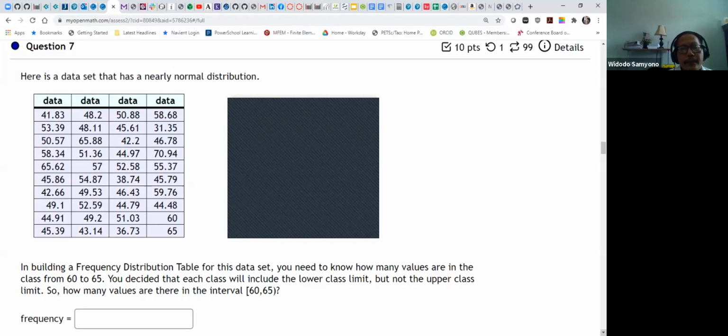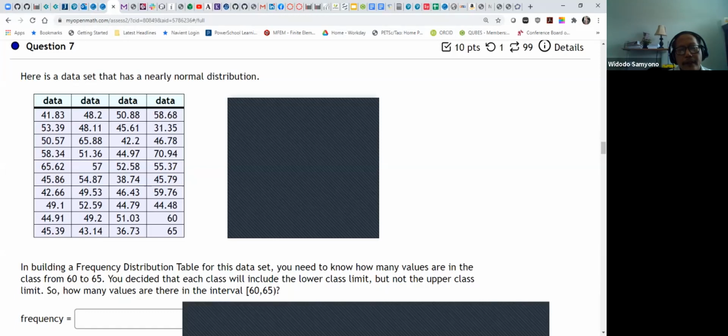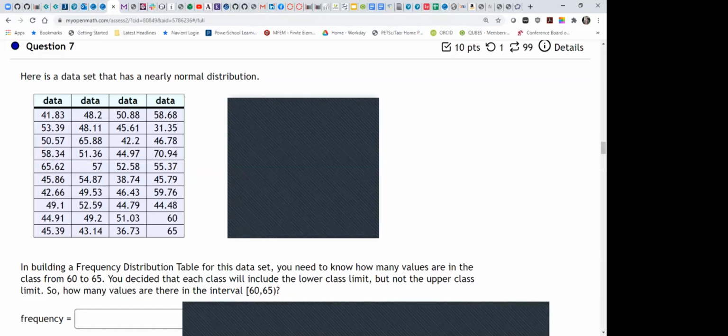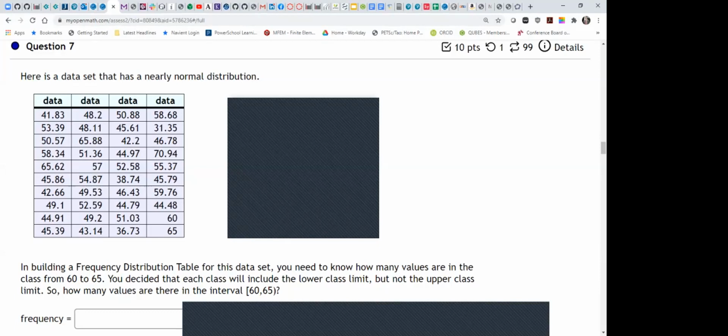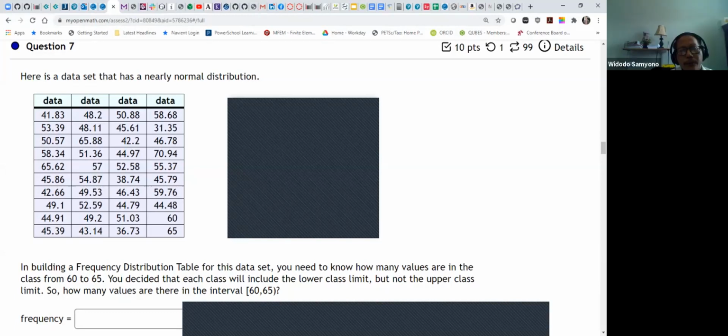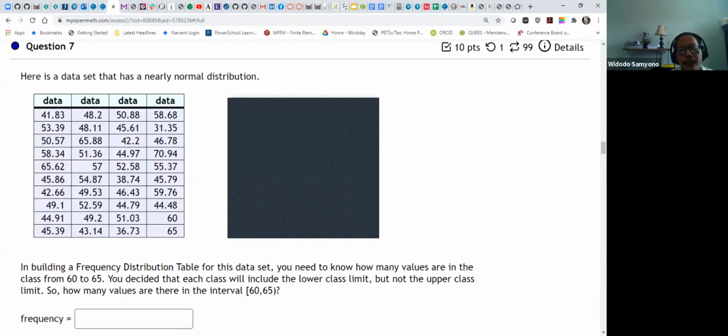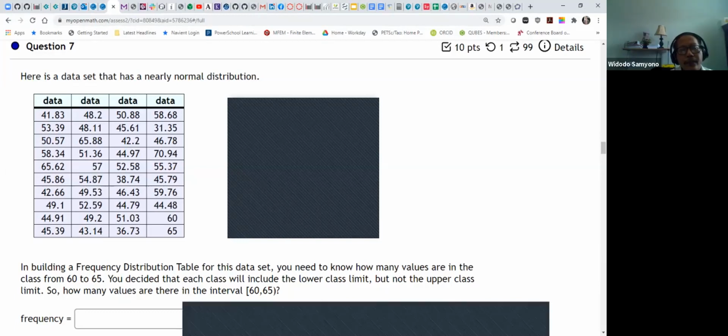So the frequency here means how many values are there in the interval 60 to 65. So you've got one here, right? So is it just all of them in between those two numbers? Yes, you need to count how many values between those two numbers, but not include the 65. So that means it does not include this one here.